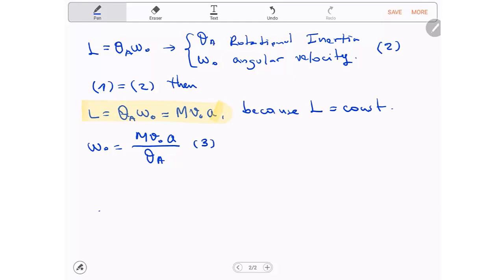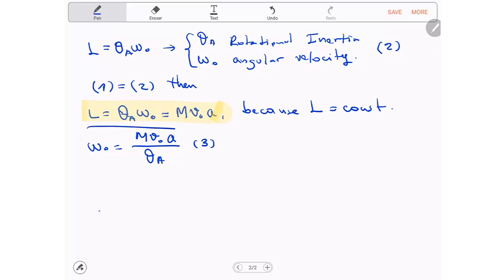The next step that we are going to make is to calculate the energies of this cube. For the kinetic energy of the cube immediately after the collision, we will have kinetic energy as the rotational motion happens.